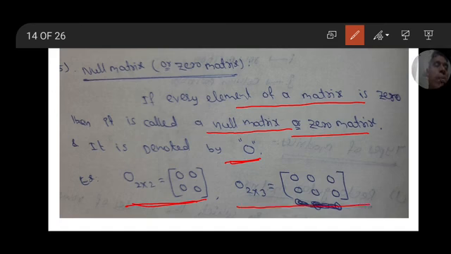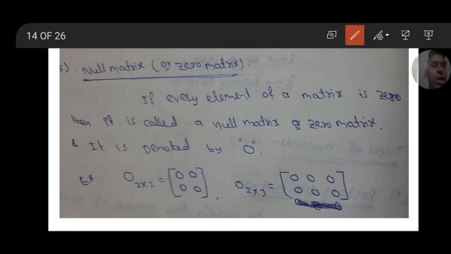O 2 by 3 matrix: 0, 0, 0, 0, 0, 0, means 2 by 3 matrix, all the elements are 0. A matrix which contains every element 0 is called a zero matrix. Okay.